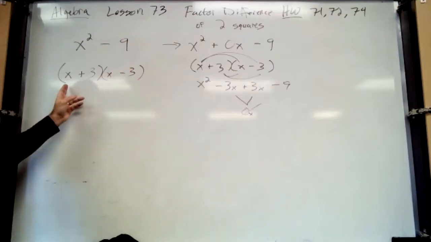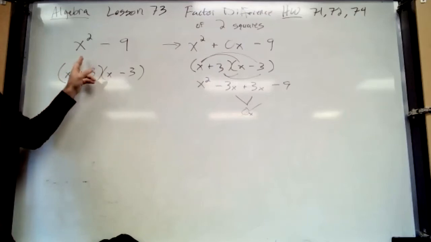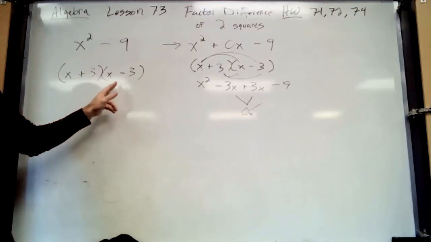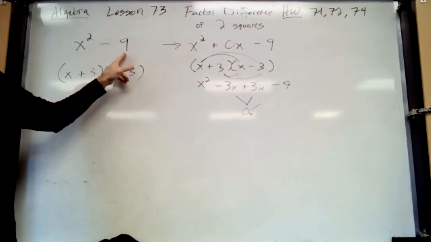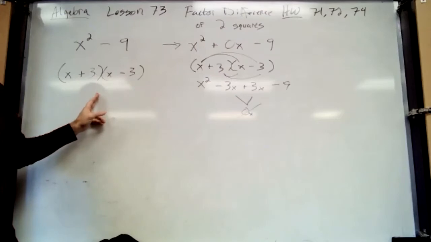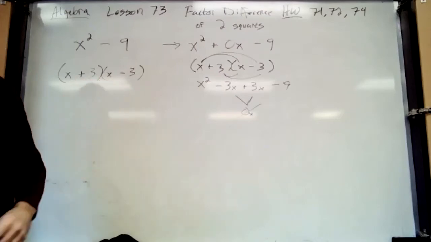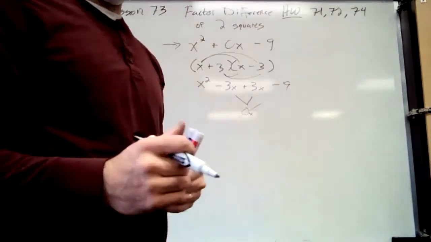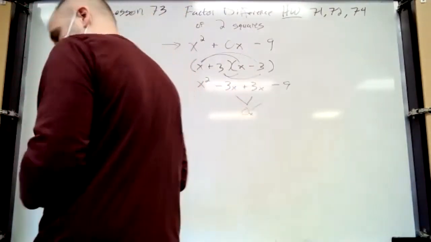So all we did was square root that first term and put it in the first position, square root the second term and put that in the second position, and then one is added, one subtracted, and you're done. So factoring a difference of two squares is incredibly easy. I'll prove it. Watch this.